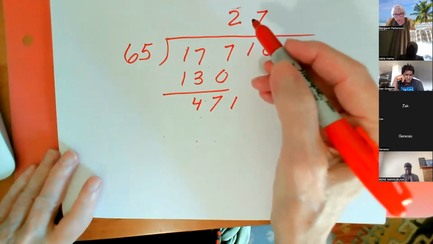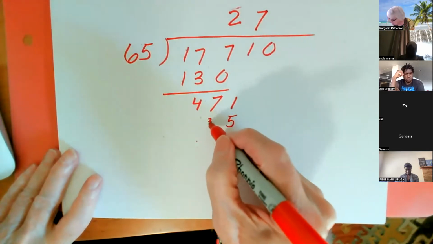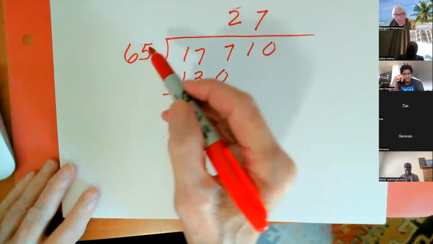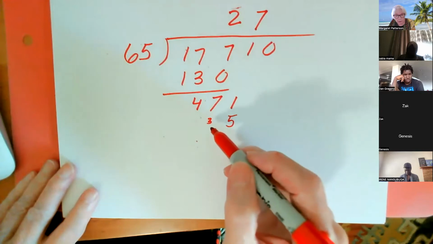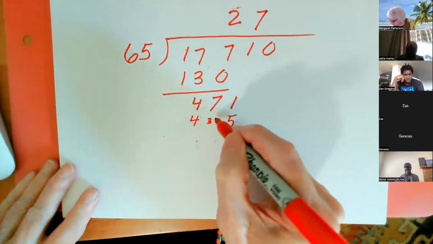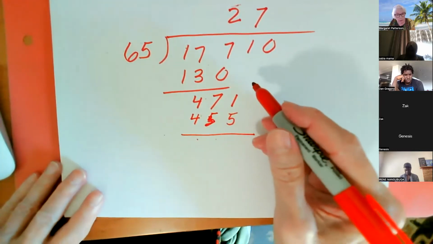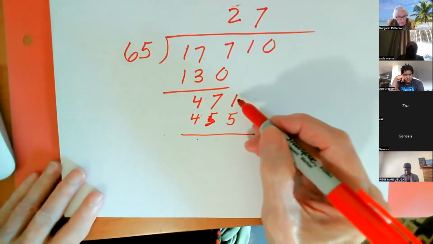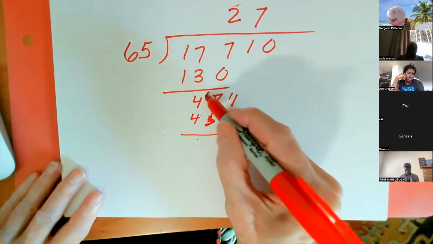Let's see how this works. 7 times 5 is 35. Carry a 3. 7 times 6 is 42. 42 and 3 is 45. Now, when I go to subtract this, see, this is smaller than that. And there's going to be a borrow here.